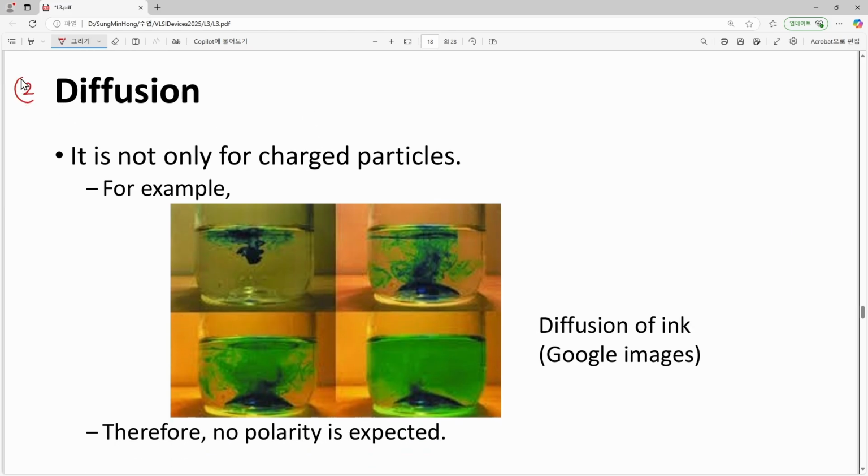Okay, up to now we have thought about the drift mechanism, and now we switch to the diffusion mechanism. In the case of diffusion, in contrast to the drift, the driving force is not the electric field. It means that even when there is no electric field, diffusion can still occur.